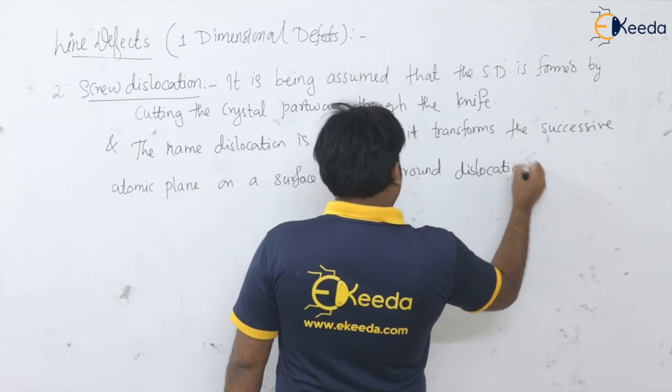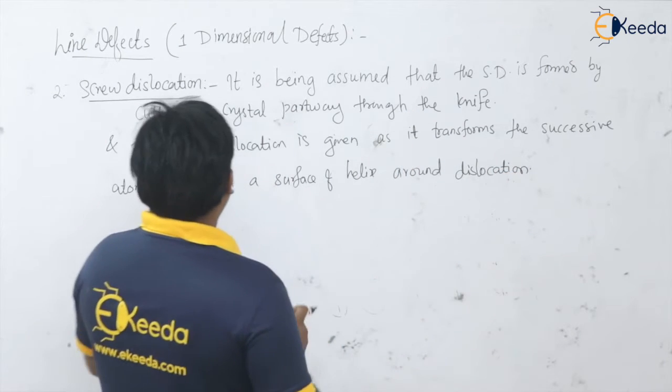That is why this dislocation is known as the screw dislocation.